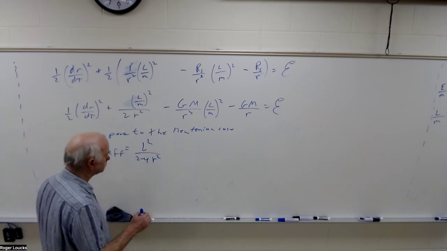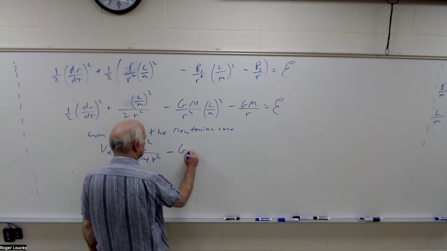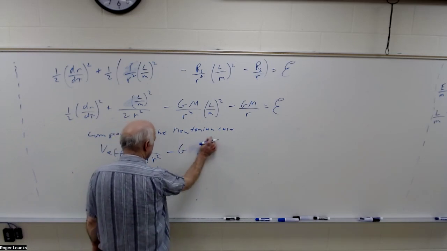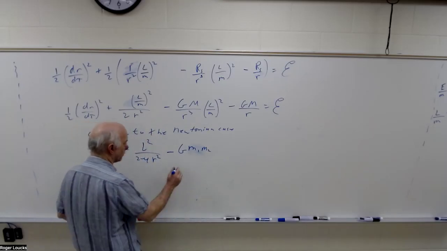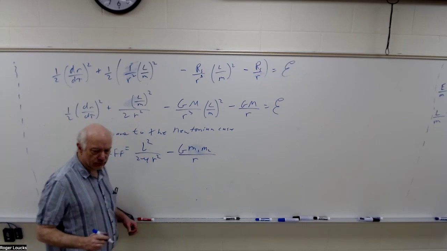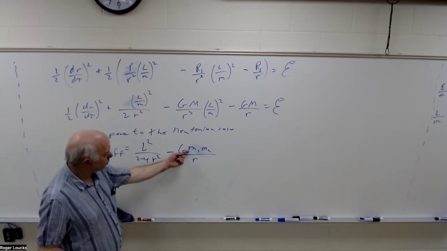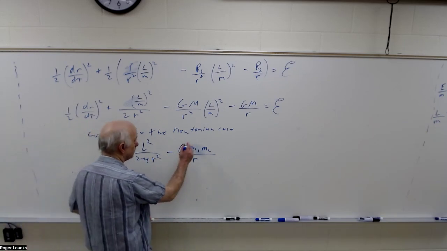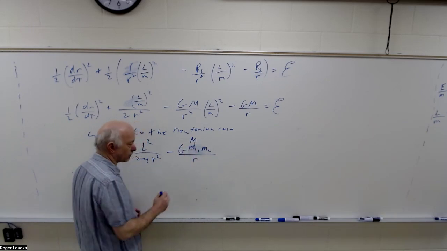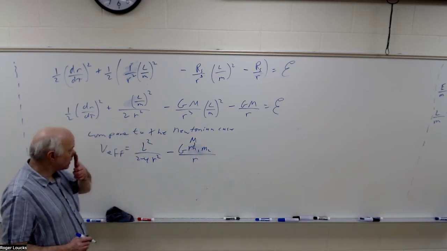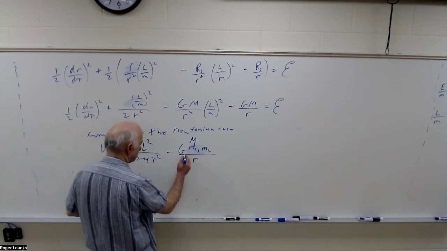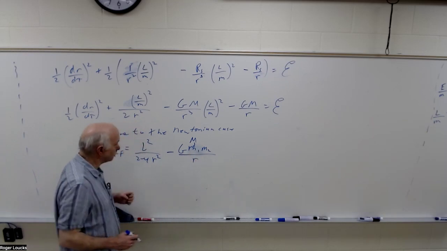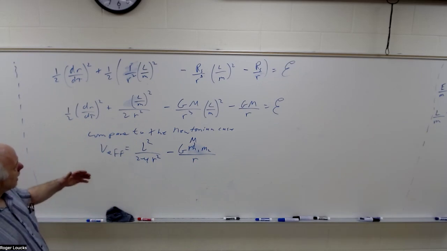Minus this G big M, actually M1 M2, over R, that's what we had before. Now in our case, one of these would become capital. Let's say that one becomes capital. And what happens to this, this would also be multiplied by that. I think we just had it like that, didn't we? Yeah, okay. So how does this compare with this?